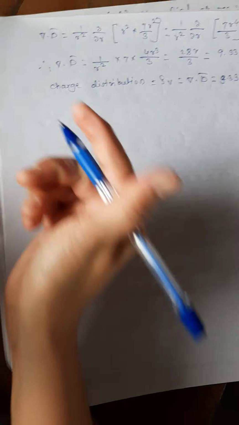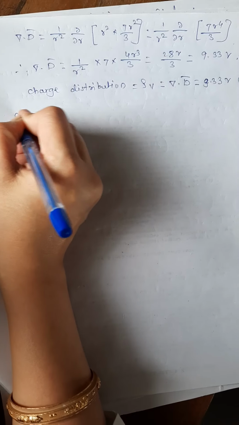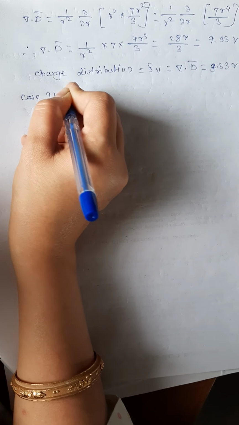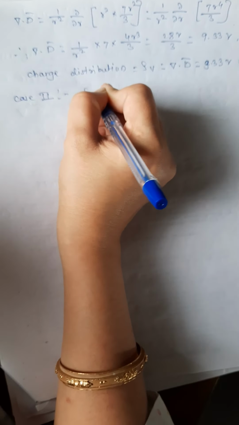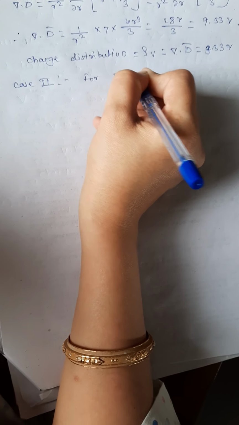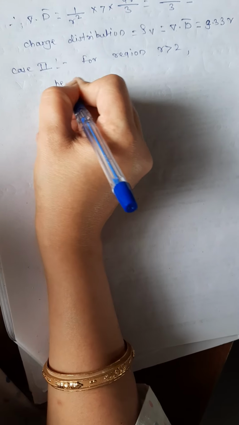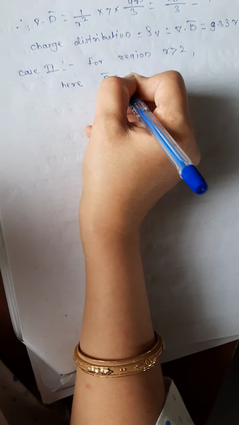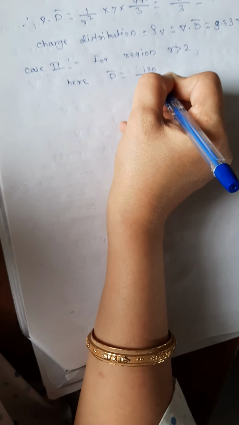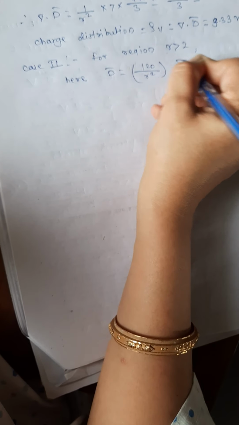Now second case. In the second case, the region is r greater than 2. So here D bar is equal to 120 by r square ar bar.